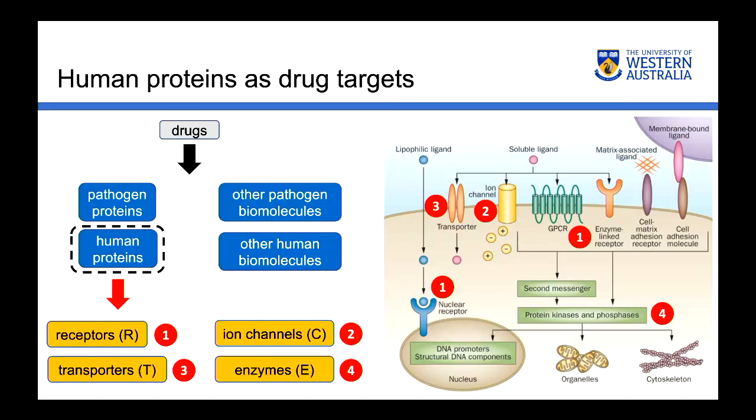Now, transporters. While we talk about transporters in my first lecture, they are responsible for the movement of endogenous molecules, and also, as in my last lecture, they're responsible for the movement of drugs. The second one, ion channels, allows the movement of ions.